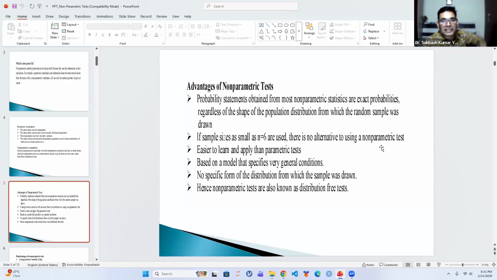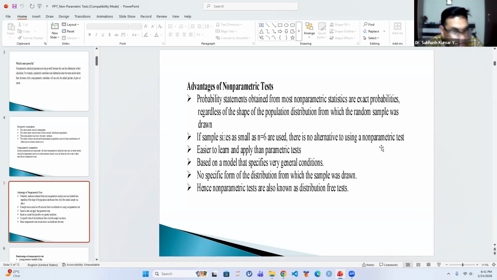Probability statements obtained from most non-parametric statistics are exact probabilities, while they are approximated ones in parametric tests. Regardless of the shape of the population distribution from which the random sample was drawn, because we don't bother about the form of the distribution in non-parametric tests. So most of the time the probabilities are exact.